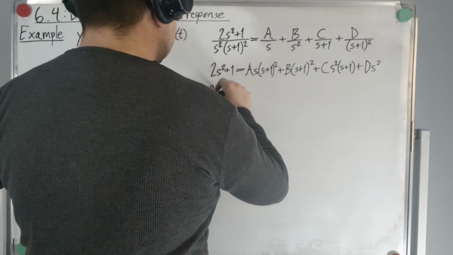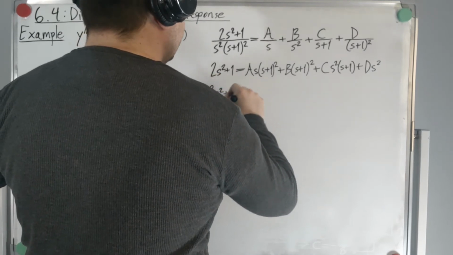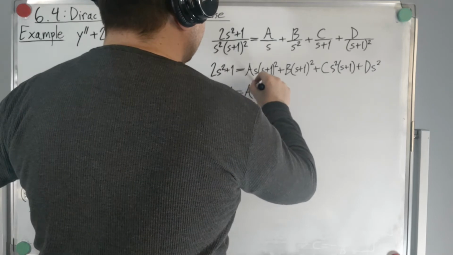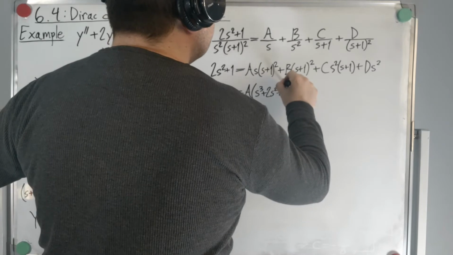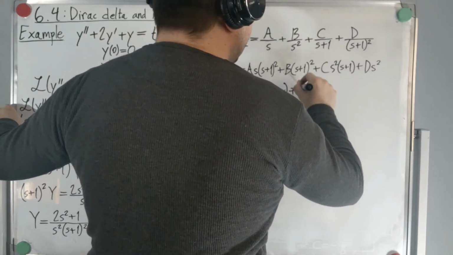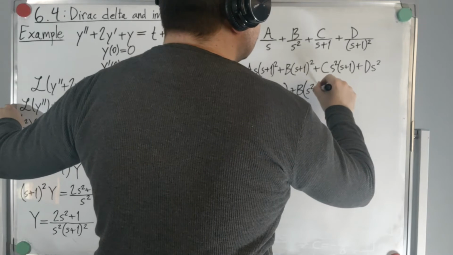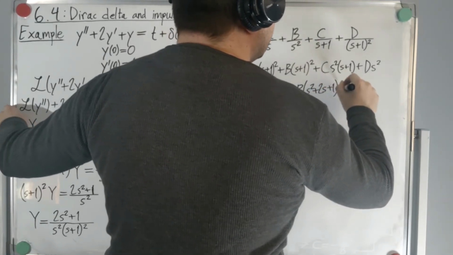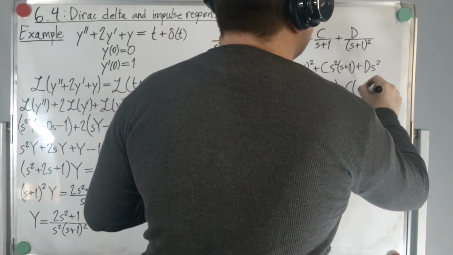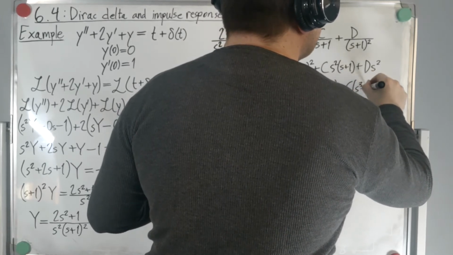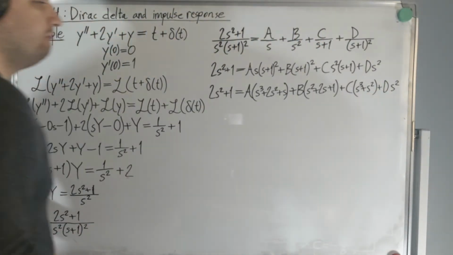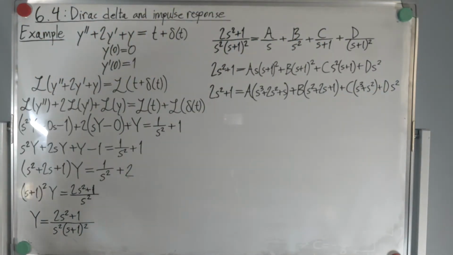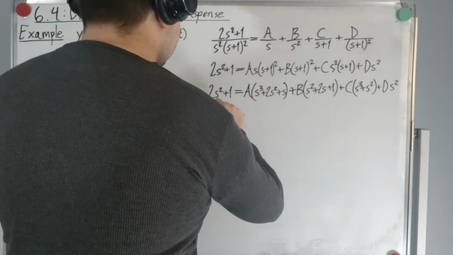This is 2s squared plus 1 equals A times (s cubed plus 2s squared plus s) plus B times (s squared plus 2s plus 1) plus C times (s cubed plus s squared) plus D times s squared. And we collect like terms in powers of s as we always do.